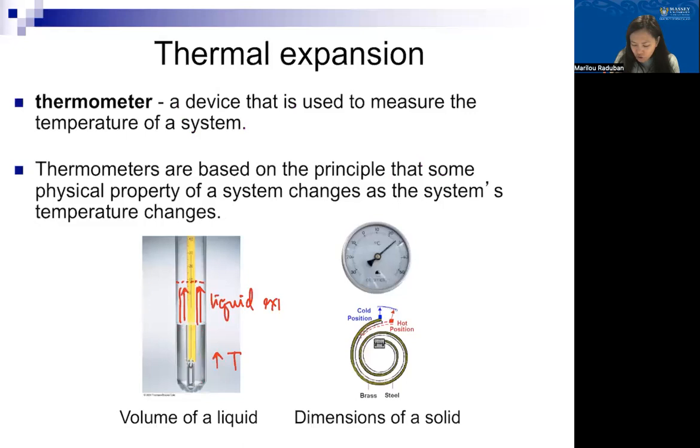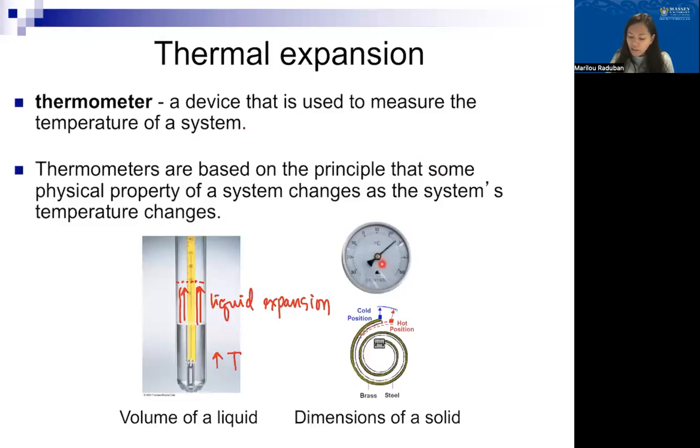And the thermometer is calibrated so that the expansion is proportional to the change in temperature. Then we just read the temperature off the scale on the thermometer.